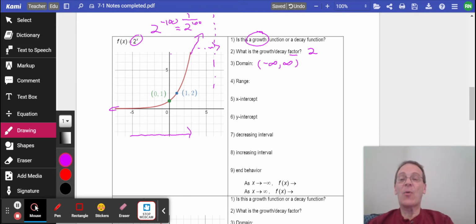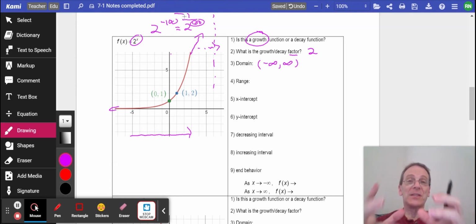And no matter how more and more negative that x value gets, in other words, no matter how bigger that number gets, we're going to get a bigger and bigger denominator. But if the numerator is always 1, then that fraction's never going to reach a value of 0.